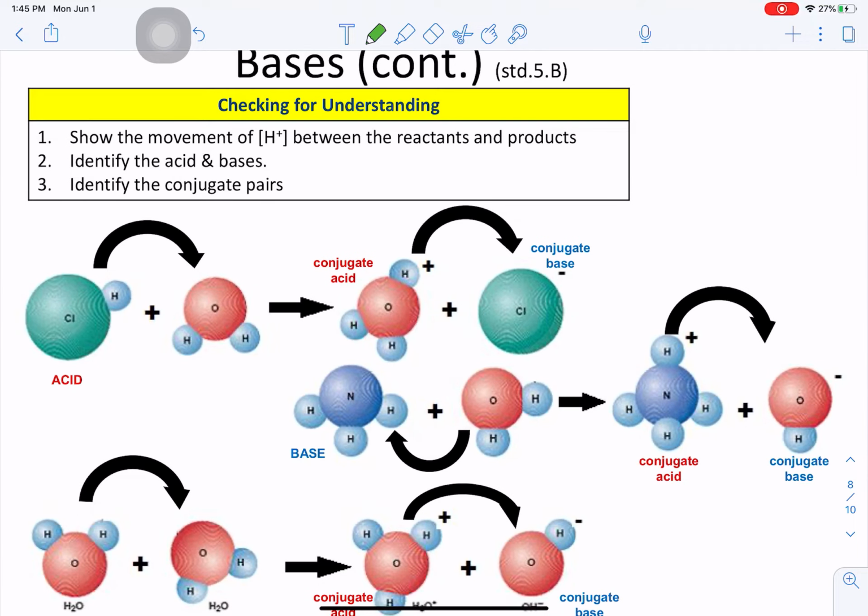All right, so these are in this molecular model. And the first one, we have HCl reacting with water. Well, HCl, we know, is an acid, so we label it, right? And what is it going to do? Well, how do acids behave in this Bronsted-Lowry model? They're going to donate. So with that arrow, you show it pointing to the water because it's donating an H plus to the water.